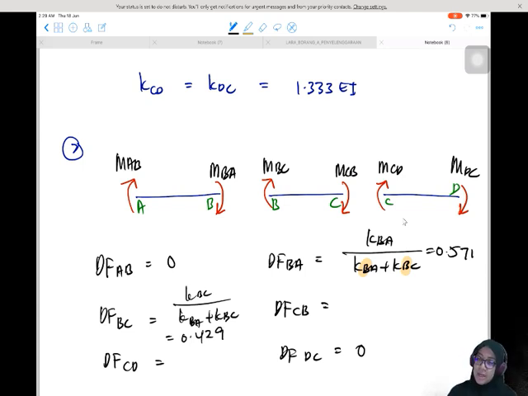Okay, please remember the distribution factors, except at a fixed support at the end of the structure. The combination of distribution factors at joint B must equal to 1. Means that 0.571 plus 0.429 is equal to 1.